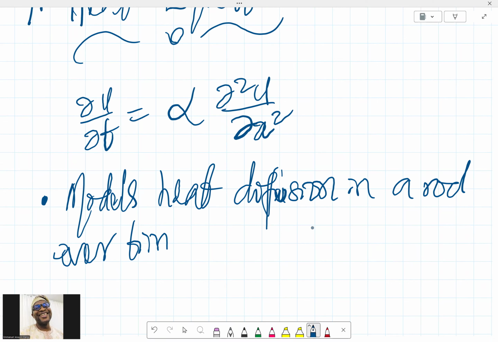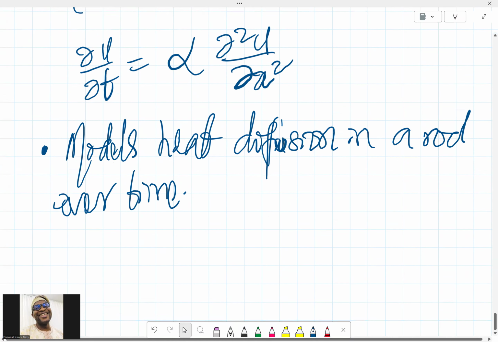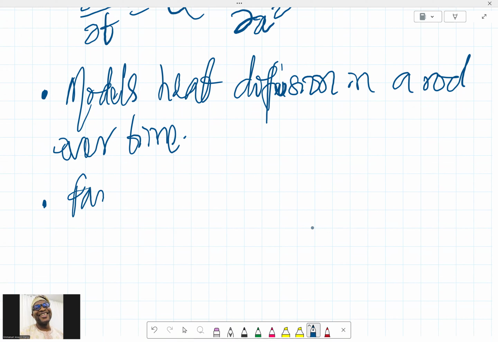If you heat a rod at one edge or in the middle or at any point, the heat spreads within the length of the rod as time goes on. The length of the rod is space, and then we have time. So we say it is a parabolic PDE.